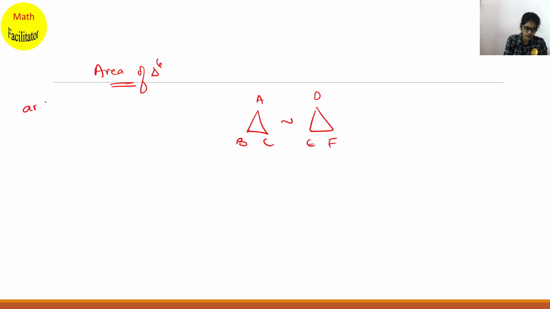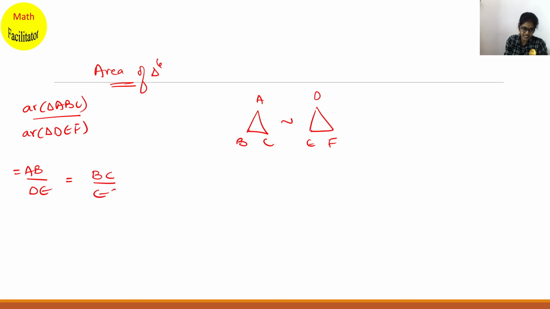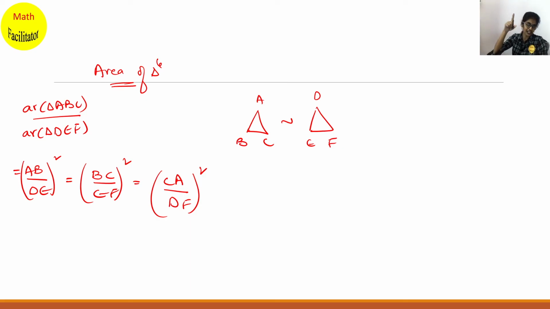Then the area of triangle ABC divided by the area of triangle DEF, the ratio of these two areas, is equal to AB by DE, taking the ratio of the sides, that is equal to BC by EF, all the ratios of the sides. All the ratios are equal, isn't it? CA by DF. The ratio of the areas is equal to the squares of the ratio of the sides.